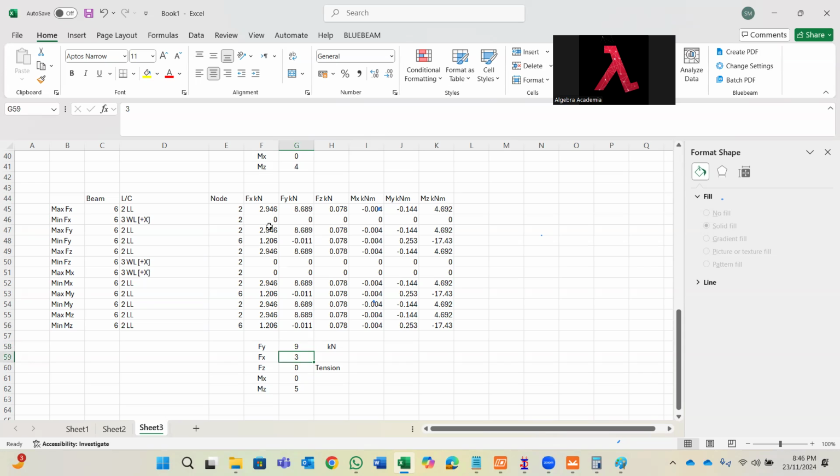But Fx for 6 is 1.2, which is 2 kilonewton. Fy is 0. And Mz, I'm getting minus 17, which is minus 18. So the lateral, horizontal shear is 2, and the moment is minus 18.